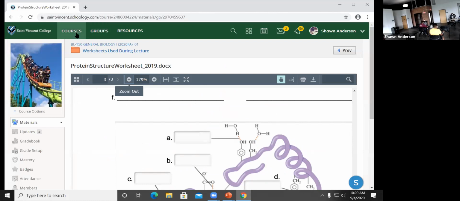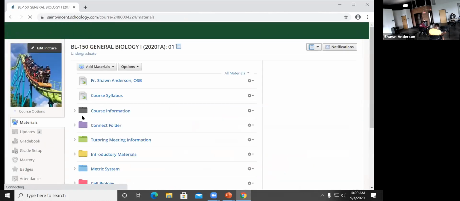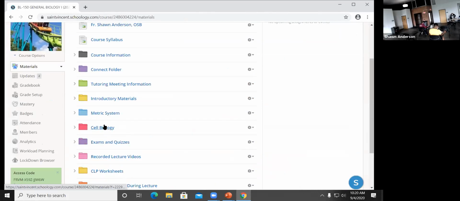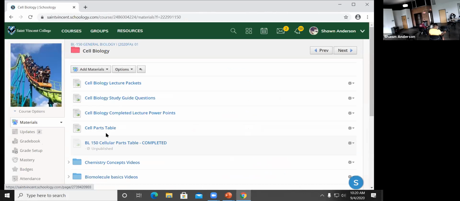So for Monday, in the cell biology folder, there's a cell parts table. Does everyone see the cell parts table? Those of you who are out, you can't see this, but it's in your Schoology site in the cell biology folder.